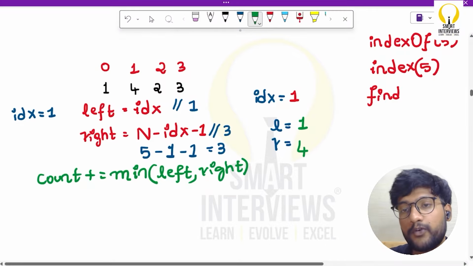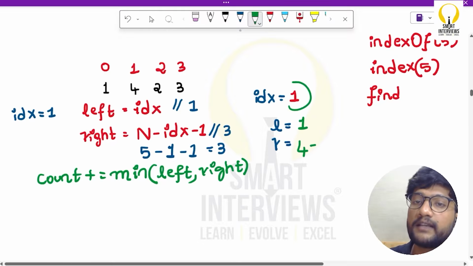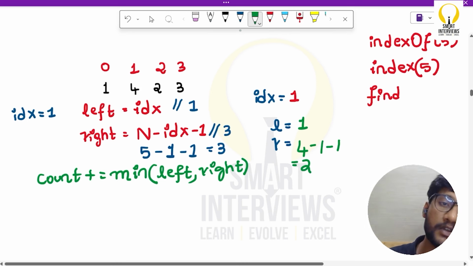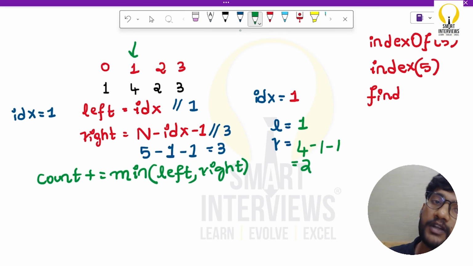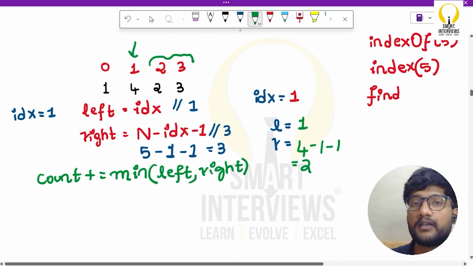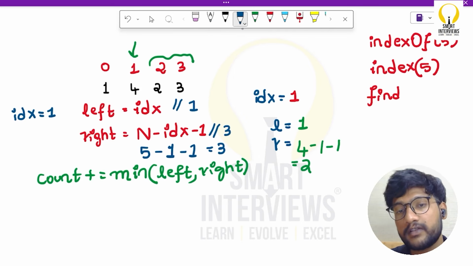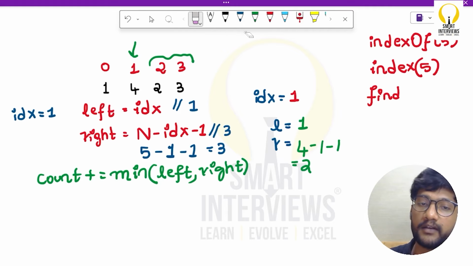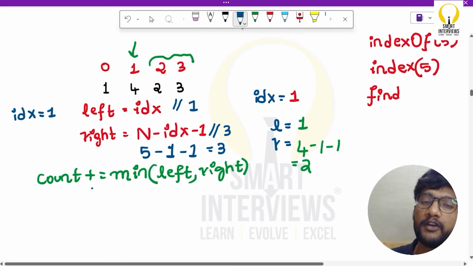So 4 minus index 1, minus 1, what you will get is 2. So can I say in this case there are two people on the right side and one person on the left side. And you will always choose the minimum of left and right, and you'll simply take the minimum and increment your answer.